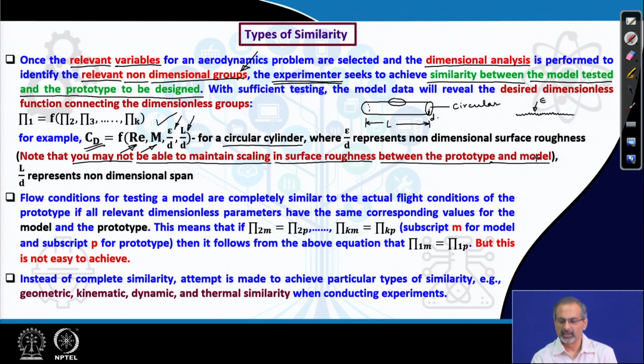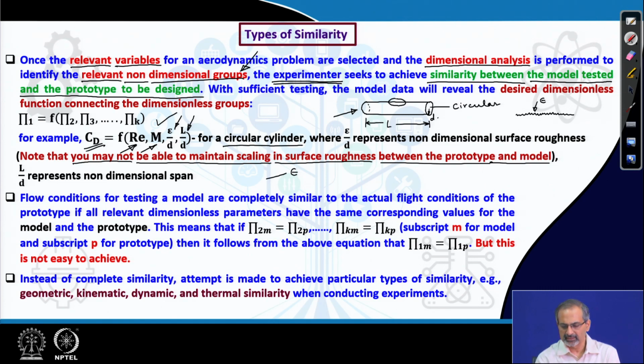Why is it so? Because let us say you are applying the same machining technique to fabricate a very small cylinder for your wind tunnel test, and the same manufacturing process to build the much larger cylinder which will be part of your prototype.